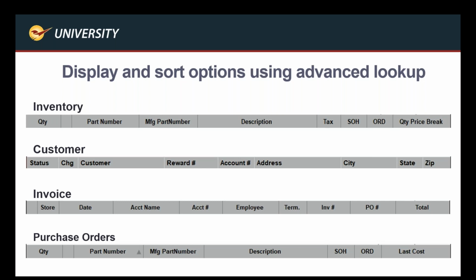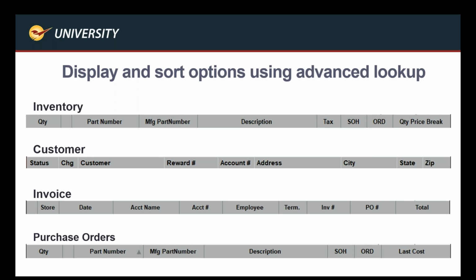It'll display a list of all the hammers, and then across the top, it'll have these different fields that correspond to that individual hammer. So how many do you have? What part number is it? What's the manufacturer part number? What's the description, tax, and so forth. So you can see all the different criteria and sorting options that you have in the Advanced Lookup module.